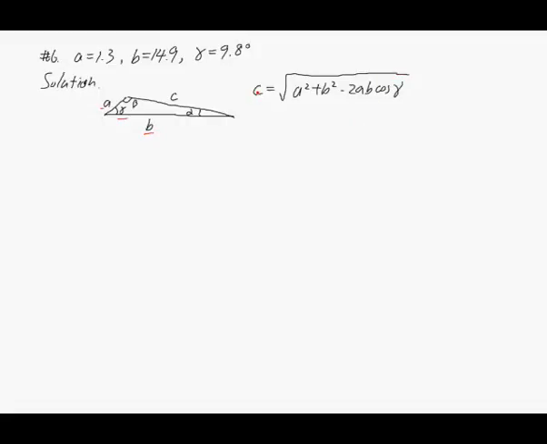So c squared is equal to a squared plus b squared minus 2ab times cosine gamma.